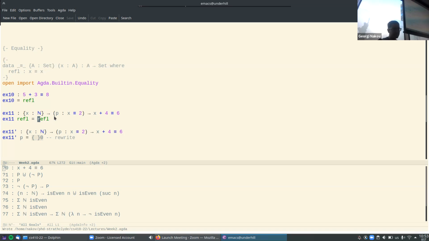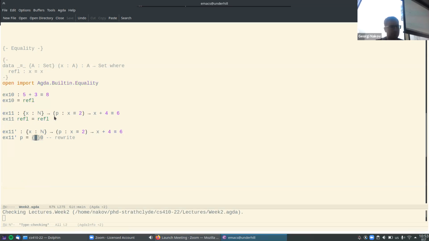Generally speaking, it'll work for equations where one side is a variable, and it will do all sorts of stuff if you've got data type constructors on both sides of an equation. It will do that sort of simplification. So, well, you'll see what works and what doesn't.